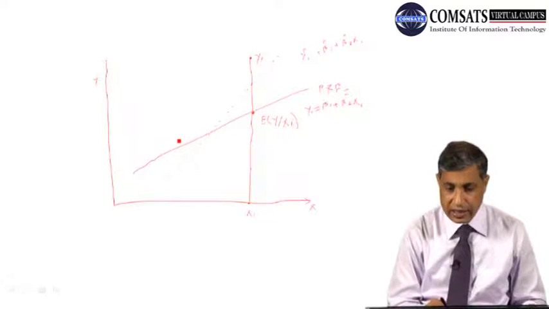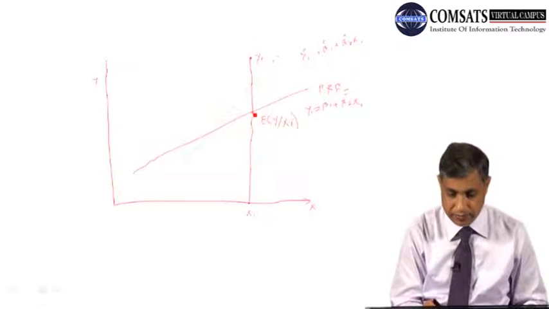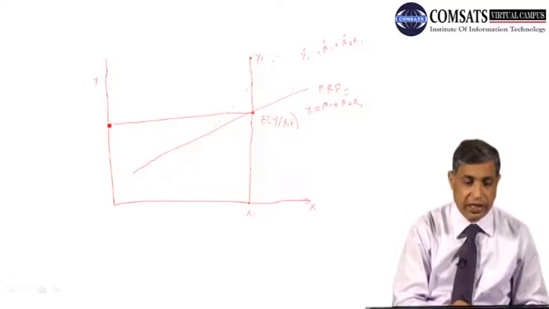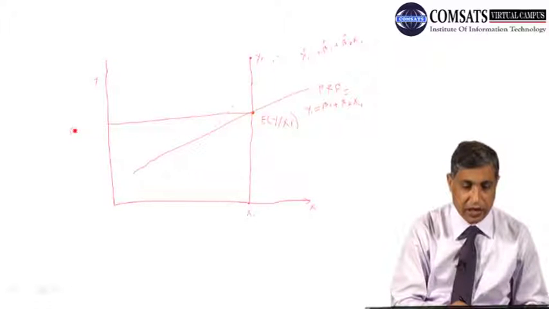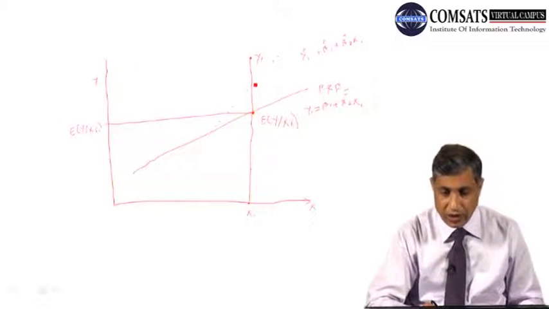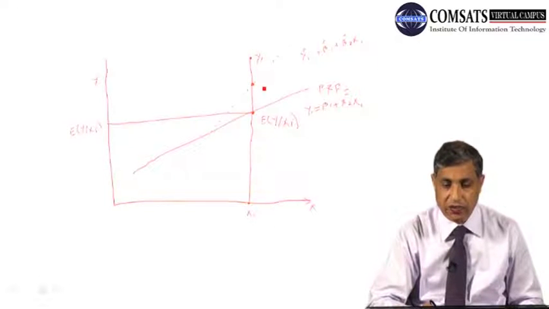So if I draw this to this side, again I can write the same thing here, that this is the expected value of y given xi. Now if you look at here, out of this y, we have estimated this. So this is yi hat.